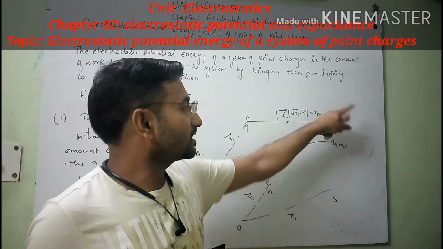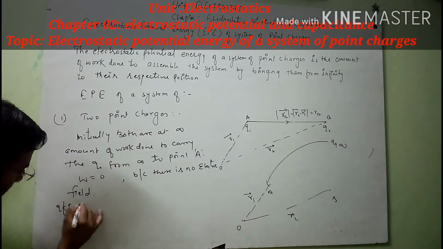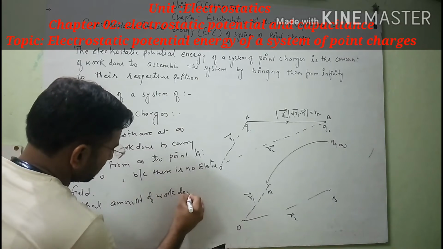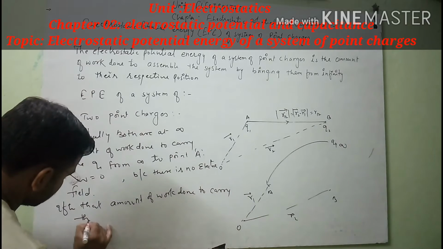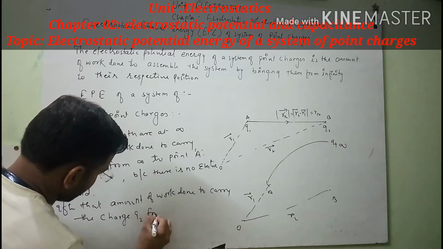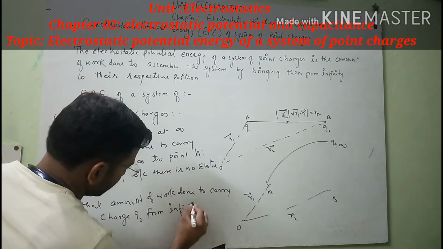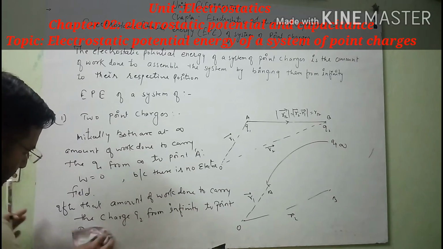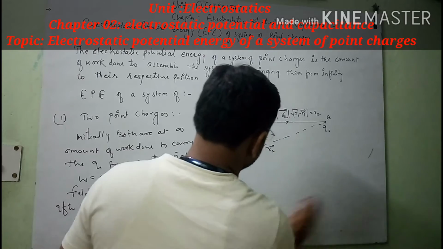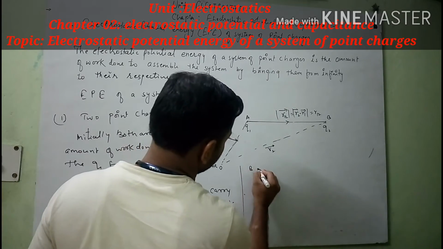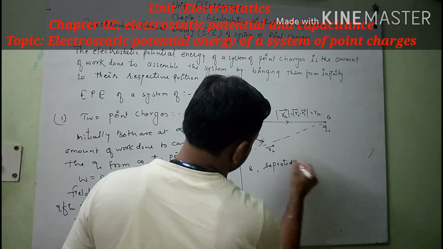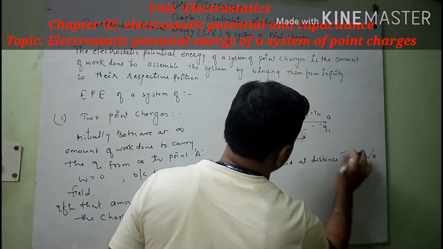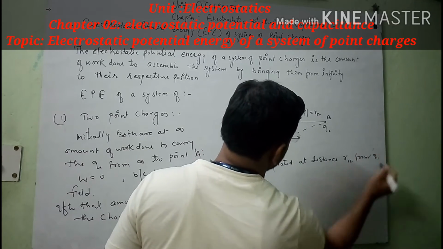After that, the amount of work done to carry the charge q2 from infinity to point B, separated at distance r12 from A. Clear? Or you can say from q1.